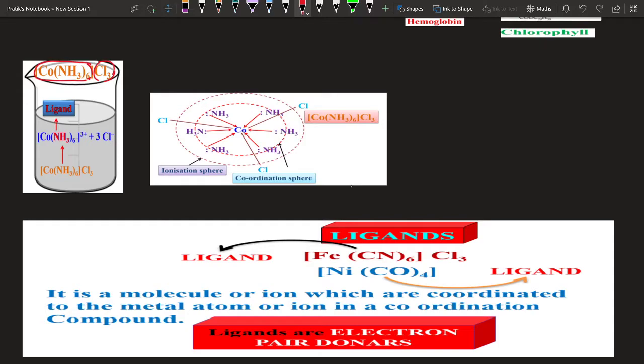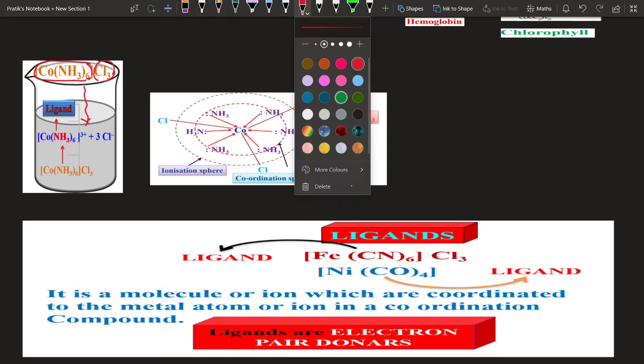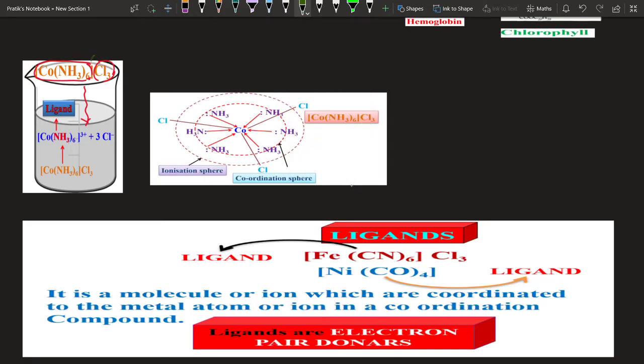So the moment you add this salt to the water, this part is going to break, this part will ionize, it will give its confirmatory test, this part will not ionize and will not give its confirmatory test. So the part which is ionizable and gives its confirmatory test is referred to as simple ions, and the part which is ionizable, that is the simple ion, is attached to this unit or this metal through an ionic bond.